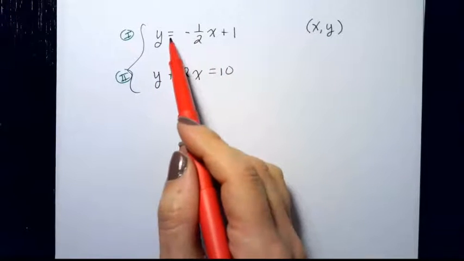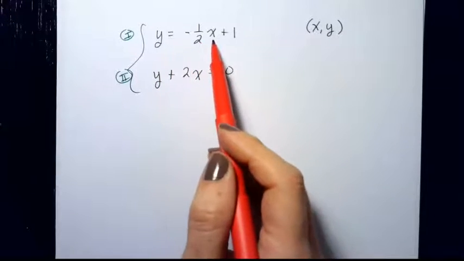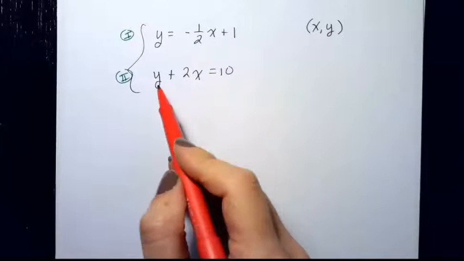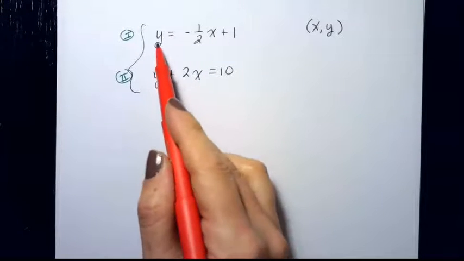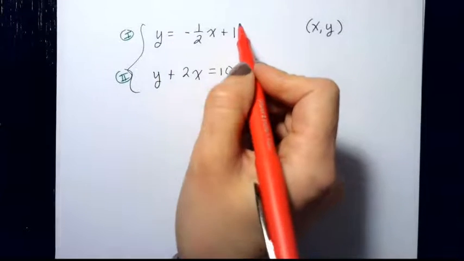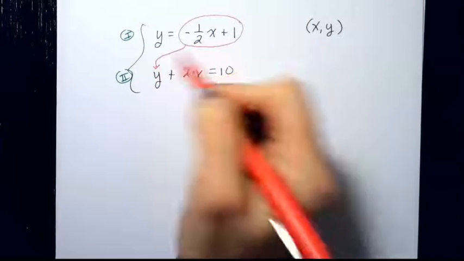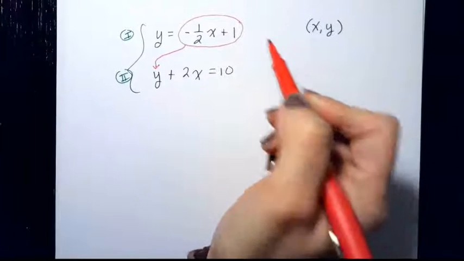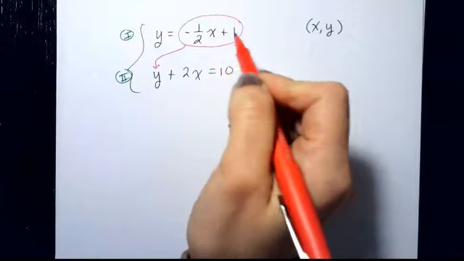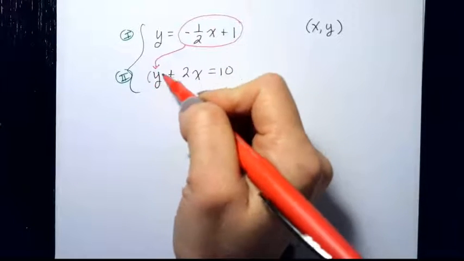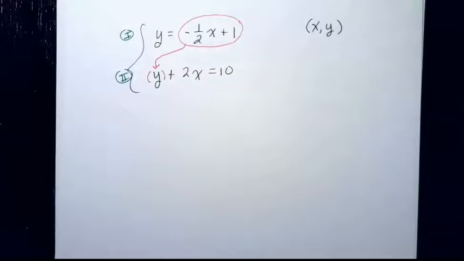I know y equals negative 1/2 x plus 1. So that means that this y has to be the same thing. So since y is equal to this expression here, that means this y is also equal to that expression. So we're going to substitute this expression in for y in that second equation.